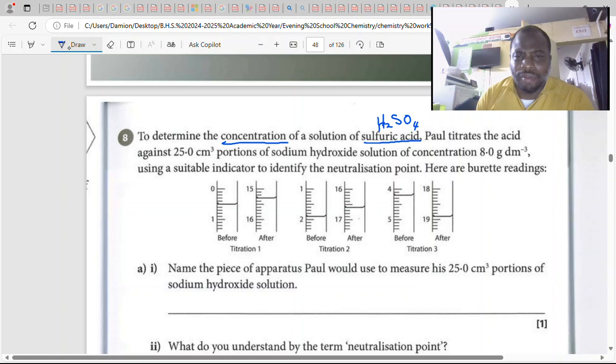It's something about there's only two something in the solution. So for every 1 mole of this acid, it is capable of providing 2 ions of the hydrogen, right?